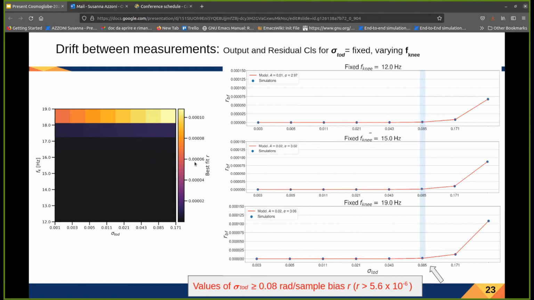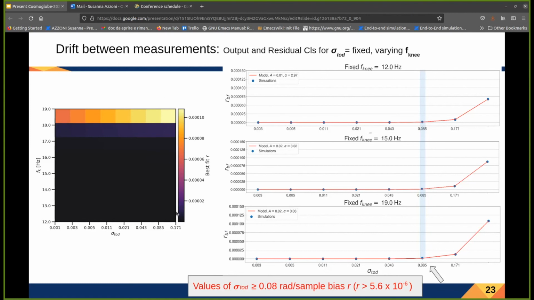And lower knee frequencies correspond to less perturbations. So it's difficult to predict the behavior with the fixed sigma TOD. Right, so for a given amplitude of the white noise, so the sigma value is fixed, if you lower the f_knee, then you should remove more high frequency perturbations, and then your bias should be lower.